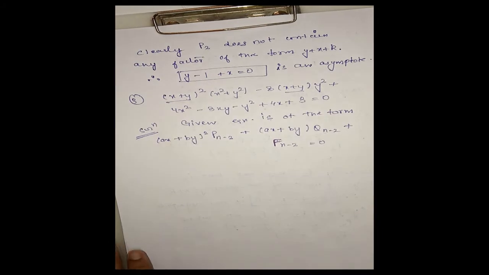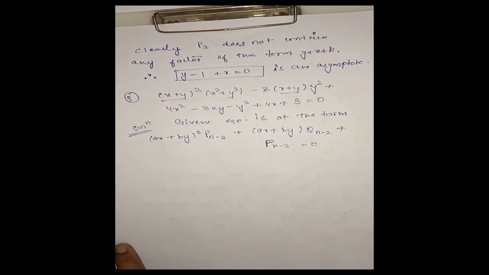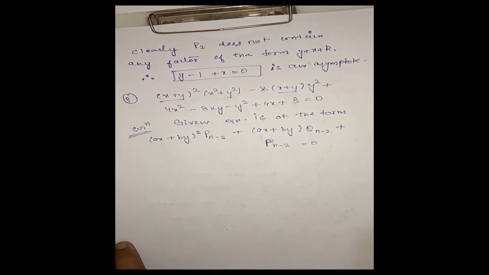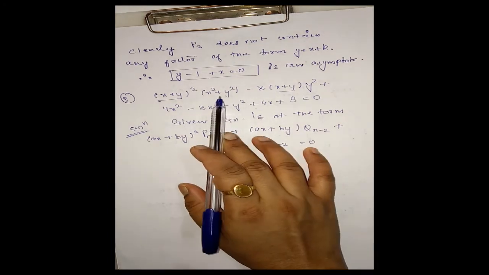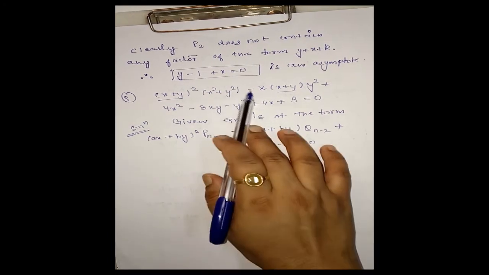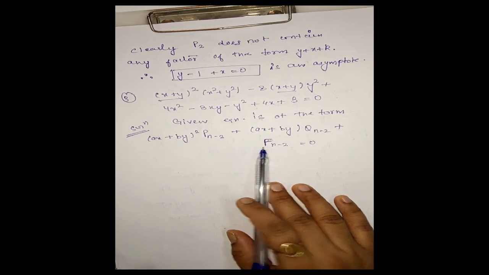Means here we have a second method with a subcase of the second method. The subcase arises when we have a factor of the form ax plus by plus k. Then we rewrite our equation in this form, and in the question itself, our equation of the curve is of this form.